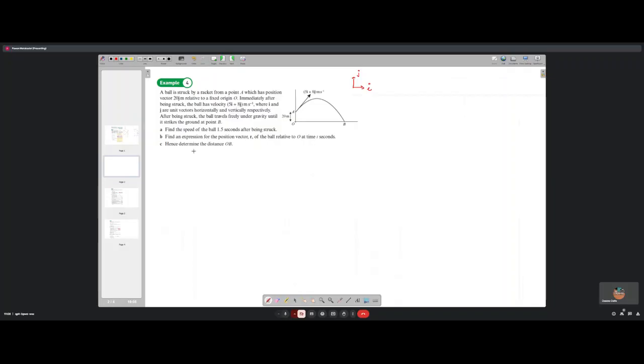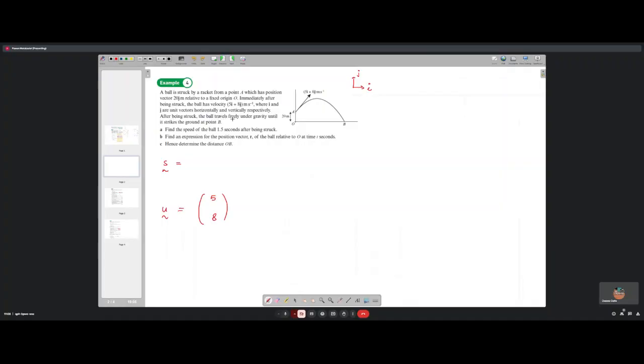What's already really nice about this problem is they've given you this coordinate system, so I can just start writing out everything. I don't know what the displacement is. I know that the velocity will be 5, 8, like that, because they've told me that.